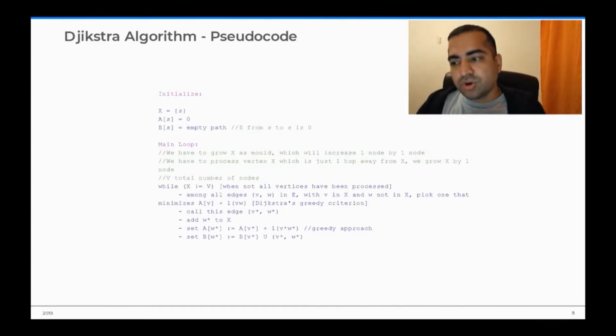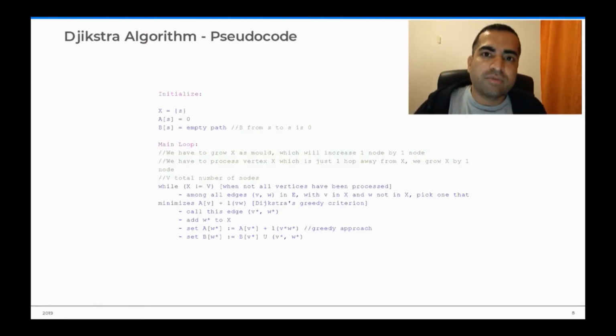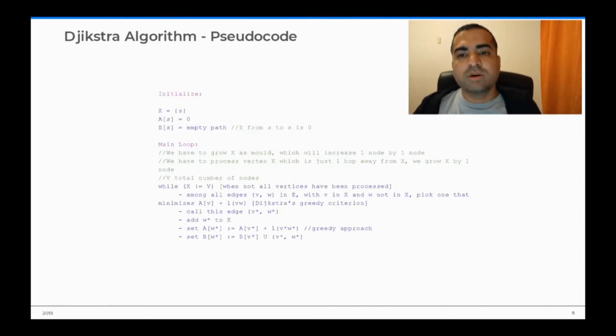A of V is the shortest distance which we have got to the vertex V from source S, and B of V is the set of points which include the shortest path from source S to the vertex V.